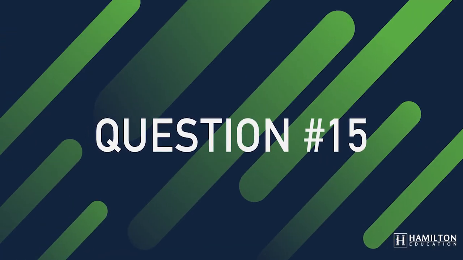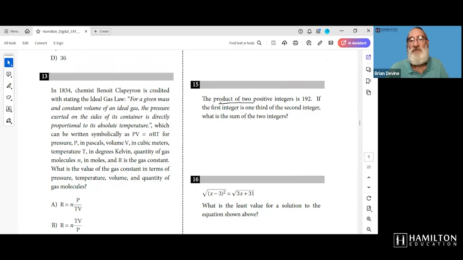Question 15. The product of two positive integers is 192. And the first integer is 1/3 of the second. What is the sum of the two integers?